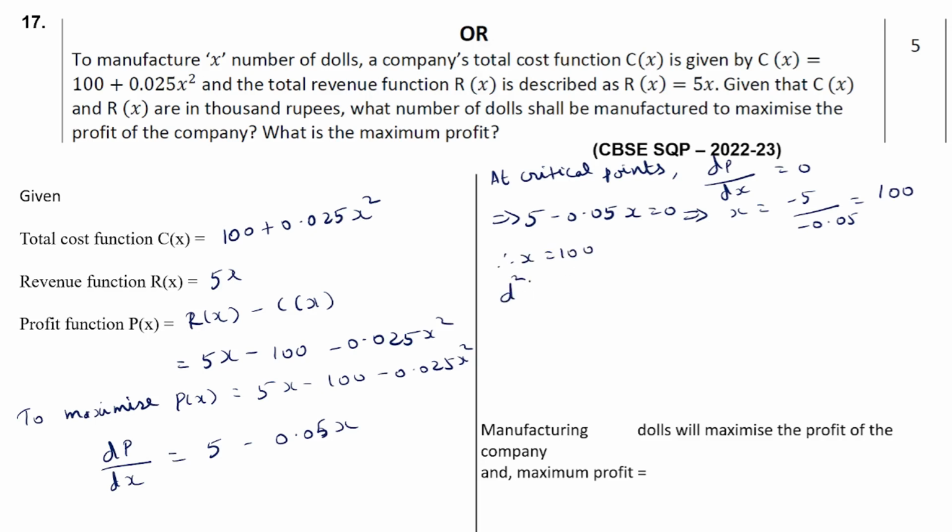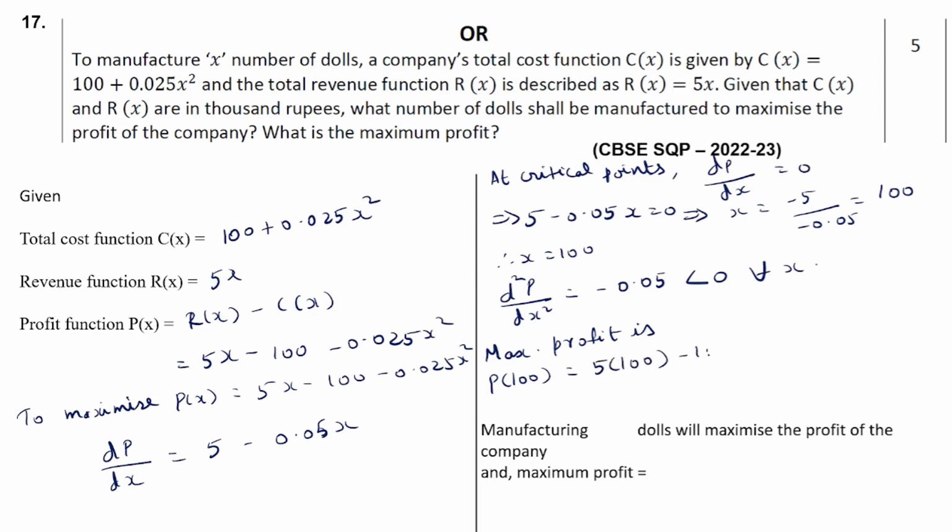And then d square p by dx square, from here we can see that it is minus 0.05. This is less than 0 for all x. Therefore, x equal to 100 is a point of local maxima, and the maximum profit is given by P of 100 equal to 5 into 100 minus 100.